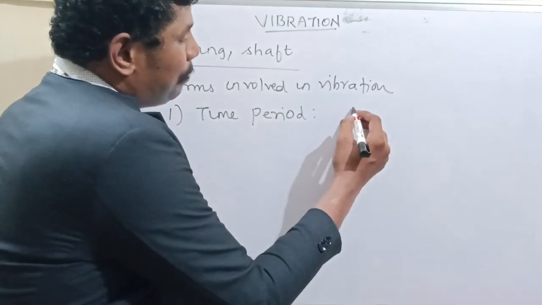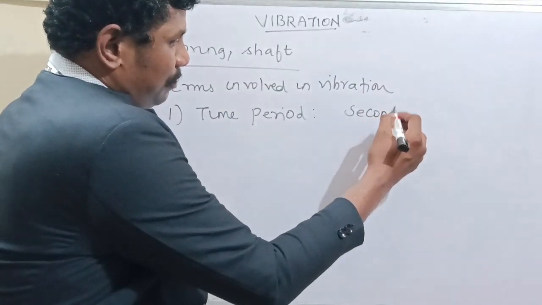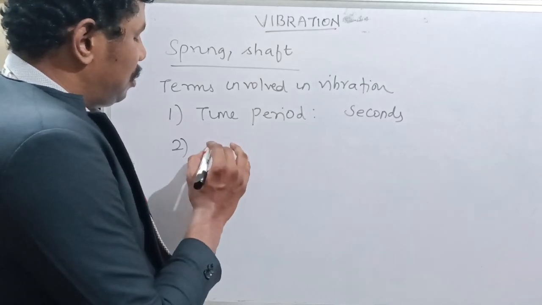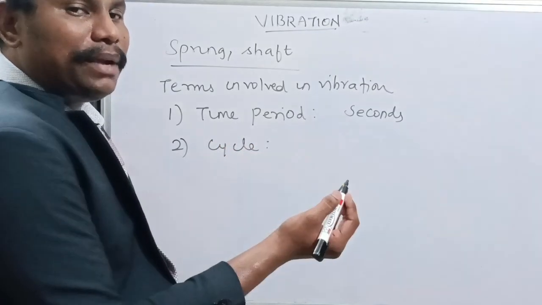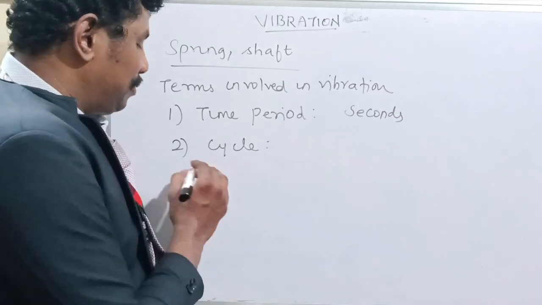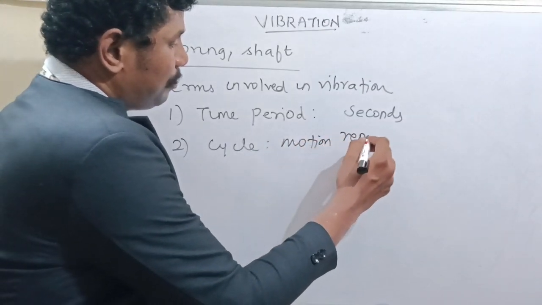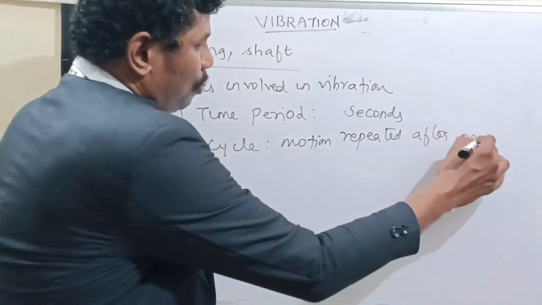The time period is represented in seconds. Second term is cycle. Cycle is nothing but the motion repeated after one time period.